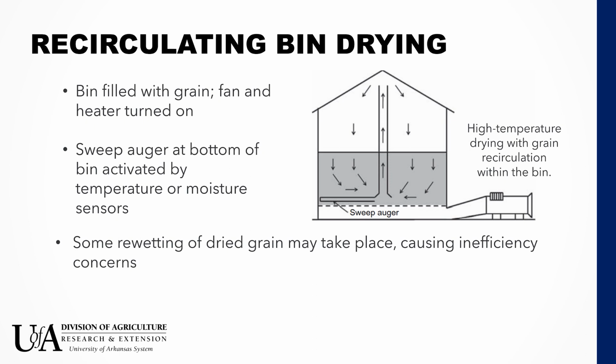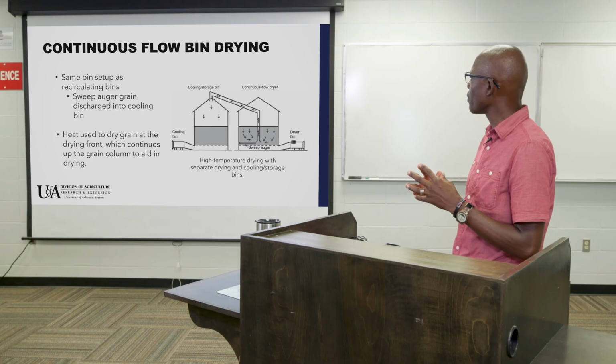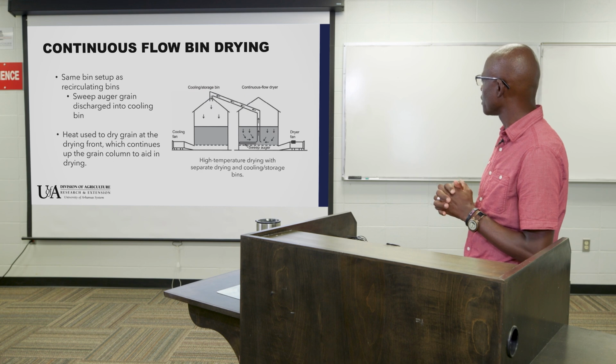What this does is the grain that is closest to the plenum is moved to the top, and by so doing, the drier grain is moved to the top, the wetter grain is brought to the bottom, and that allows uniformity of grain drying as time progresses. Now, the problem with this dryer is that some rewetting of dry grain may take place, and this causes some inefficiency within these systems.